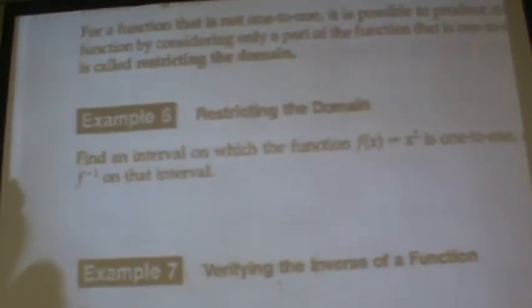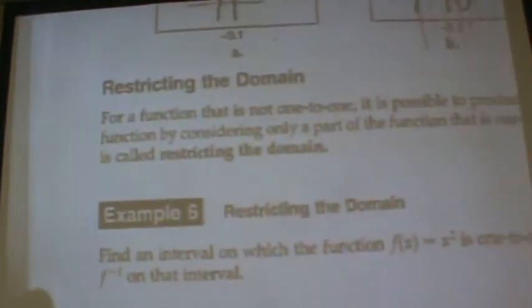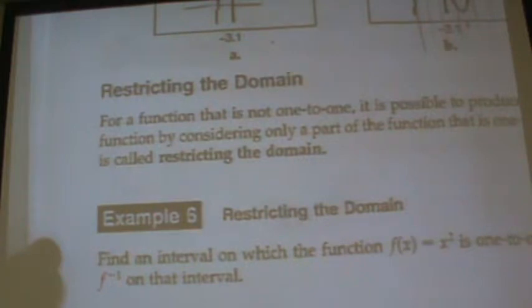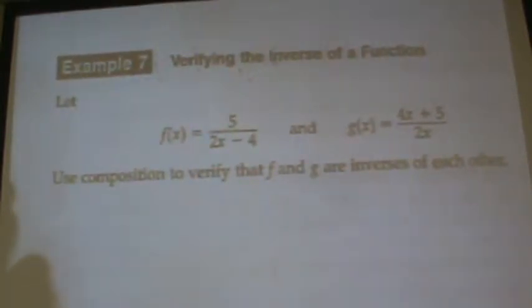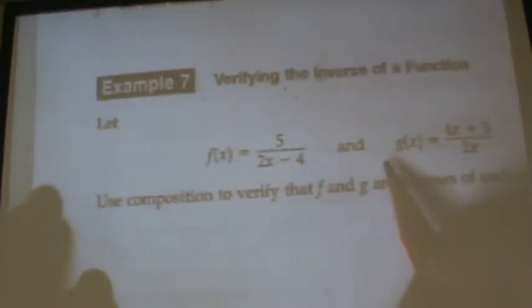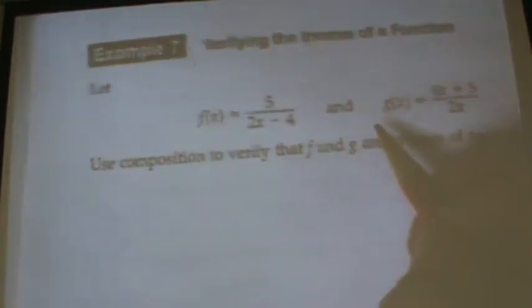Okay, now, this part you're not going to like. There are 2 parts: restricting the domain and verifying that an inverse is a function. So, let's do verifying the inverse is a function.